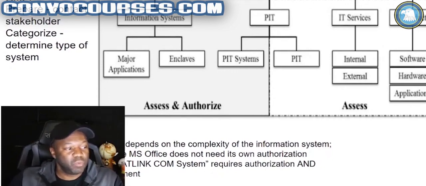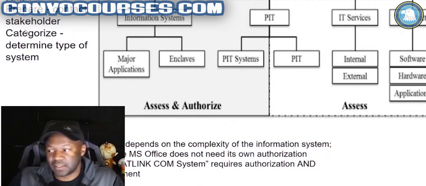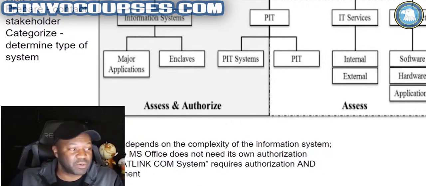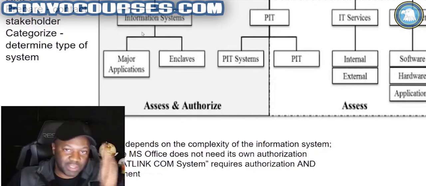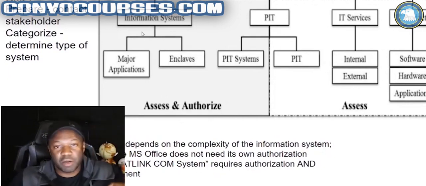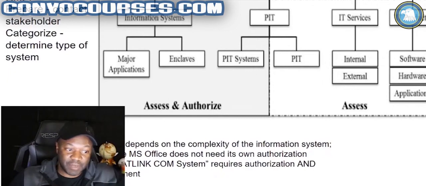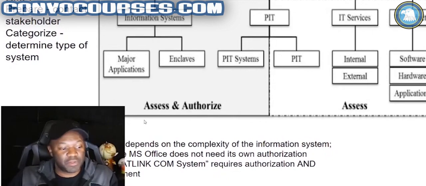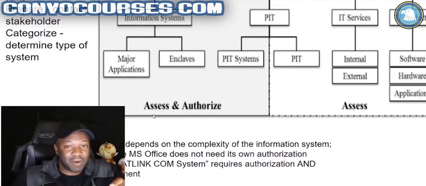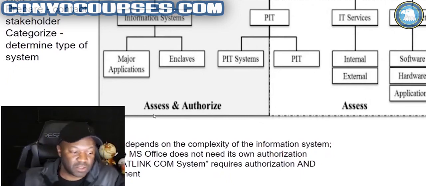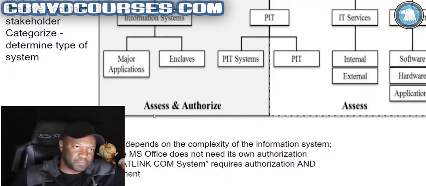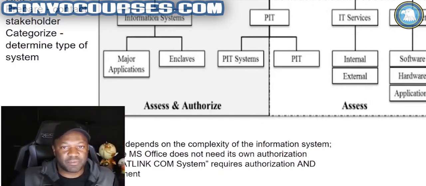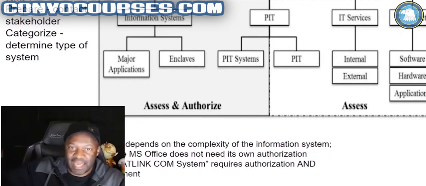One of the first things you do in the NIST process, when you're doing preparation and categorization, is you determine if the system you're on is an information system, a major application, an enclave, or a platform IT, and that determines whether or not you're going to assess and authorize it or just assess it. So that's one of the differences between the DoD Risk Management Framework for IT and just NIST 800.